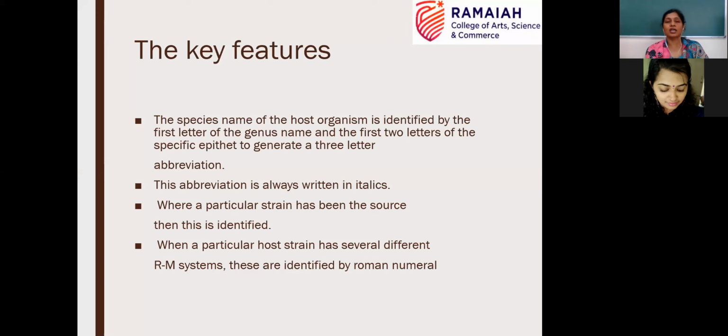So this is how the restriction enzymes are given names by following the systematic nomenclature mechanism. I hope you are able to follow. I'll show some examples so that it will be clearer for you.